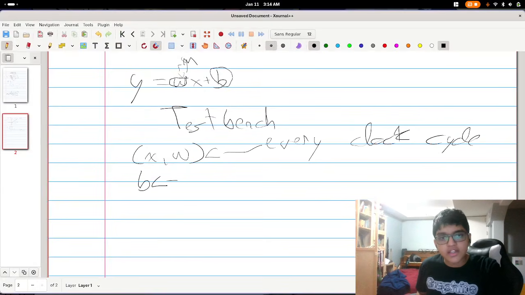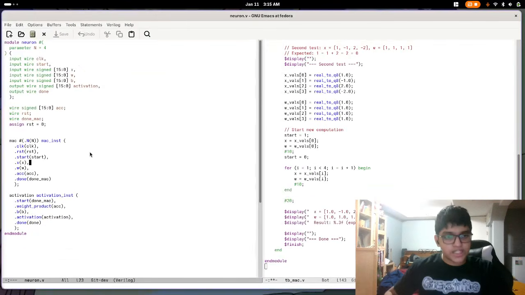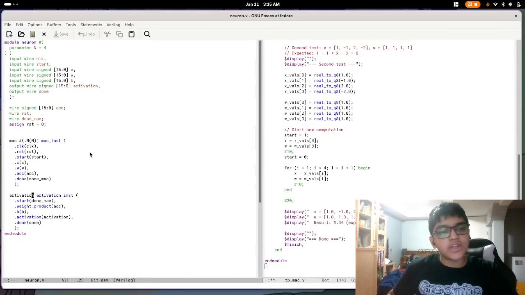We have a bias, which is fed in just once at the beginning, and you can see here we have our activation module from earlier, and the start is just whether or not this multiply accumulate module is done.